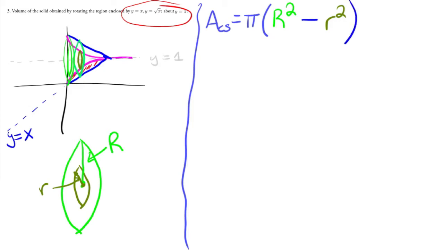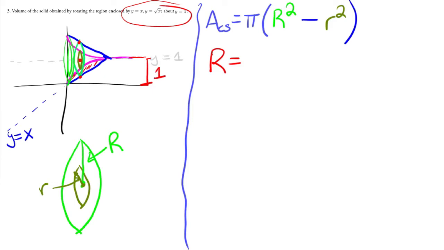So if you take a look from the center to the outside edge, I need to find what that distance is. It's actually easier to look at it from here to the axis. So right now I'm finding big R. Notice that from this line, your axis, to the x-axis, that's a distance of 1, because that's the line y equals 1.